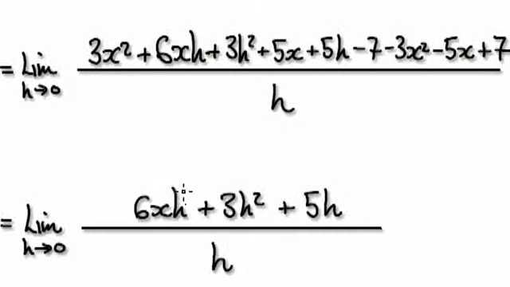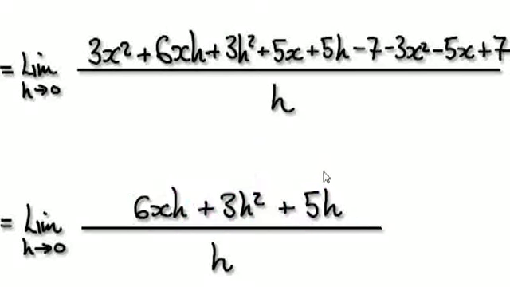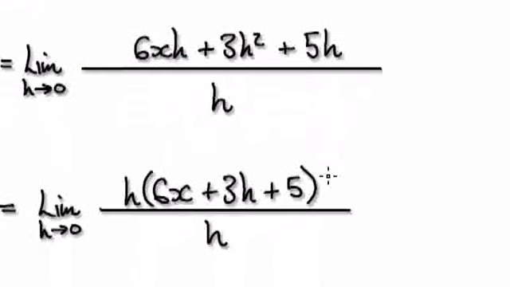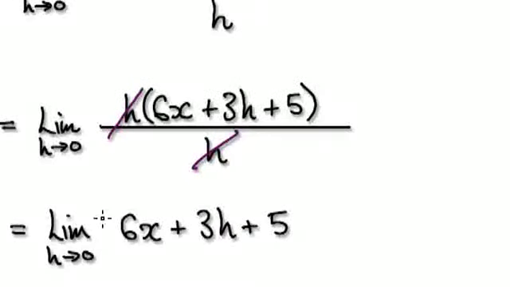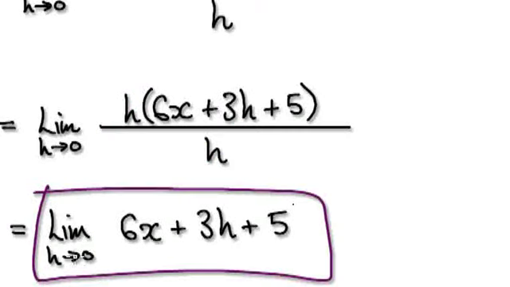So now you see, if you look at these 3 terms here, h is in common. So factor out the h. Okay, factor out the h. So that will give you this, and then they're going to kill off each other, giving you this. Okay. So now at this stage here, take the limit as h approaches 0.